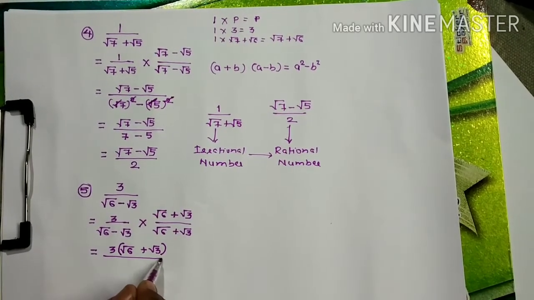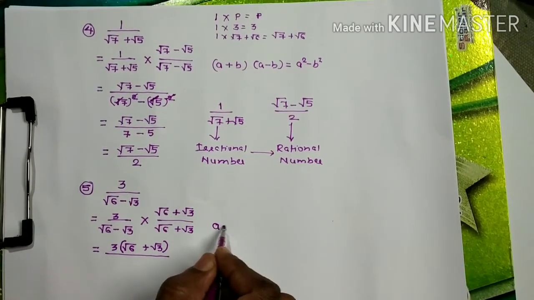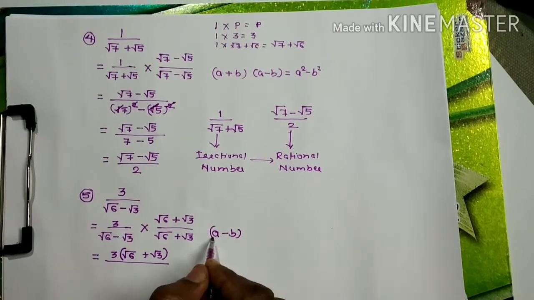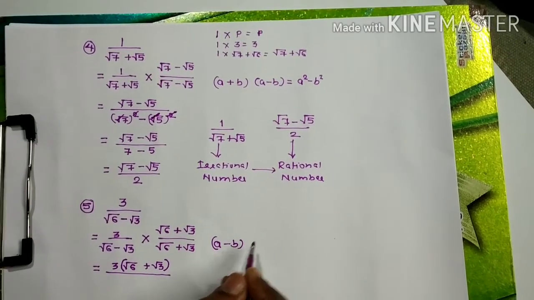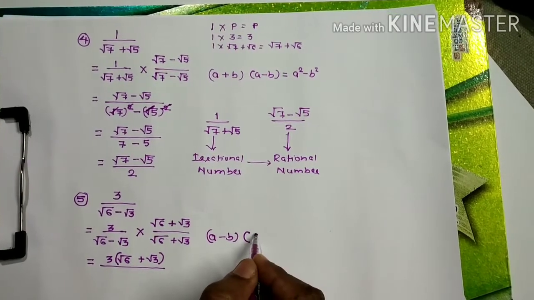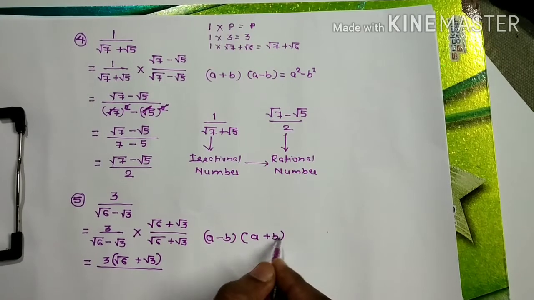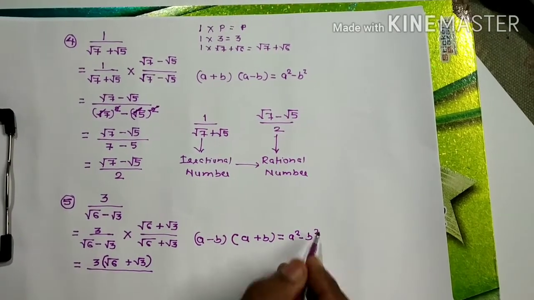Divide by, here also we can use one identity. This root 6 minus root 3 is a minus b, and this root 6 plus root 3 is a plus b, and a plus b into a minus b is equal to a square minus b square.